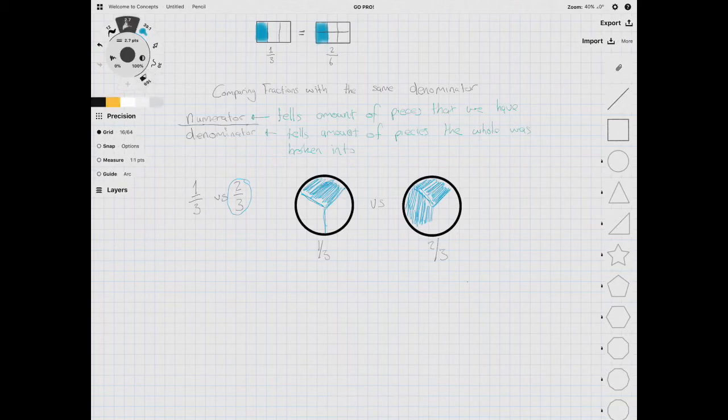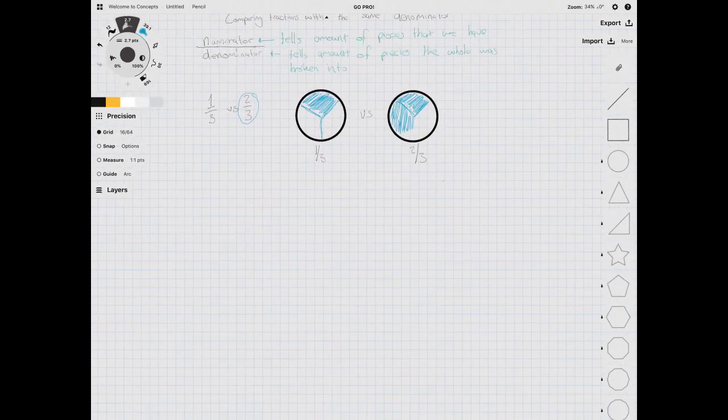All right, and next up, we are going to be talking about comparing fractions with the same numerator. And now this one is a little bit more tricky, I find, but we'll go through it and have a look.